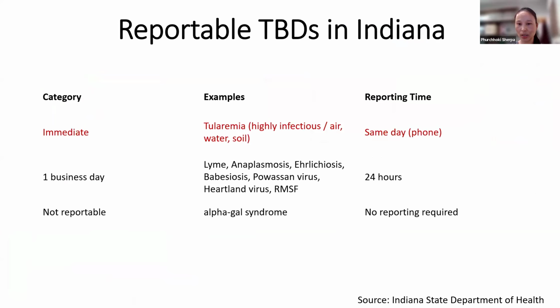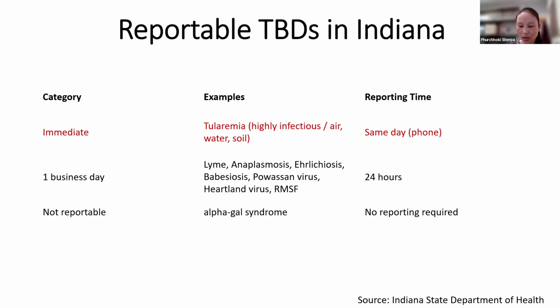That means the doctors and I think the labs are required to report them. Most of the diseases are reportable within one business day. However, tularemia needs to be reported immediately as soon as the case is suspected or diagnosed.